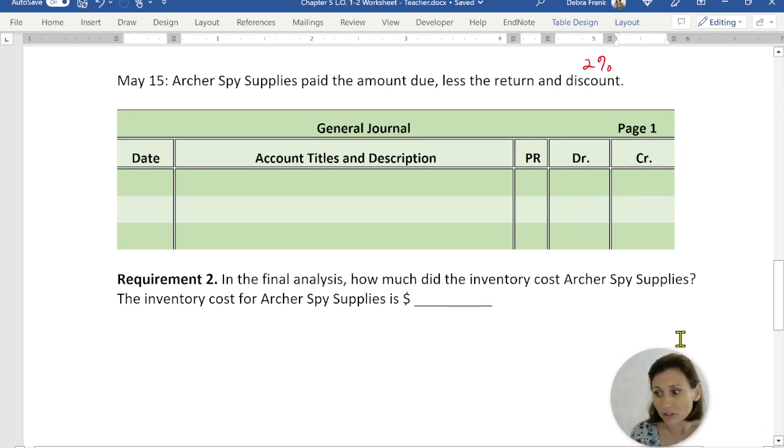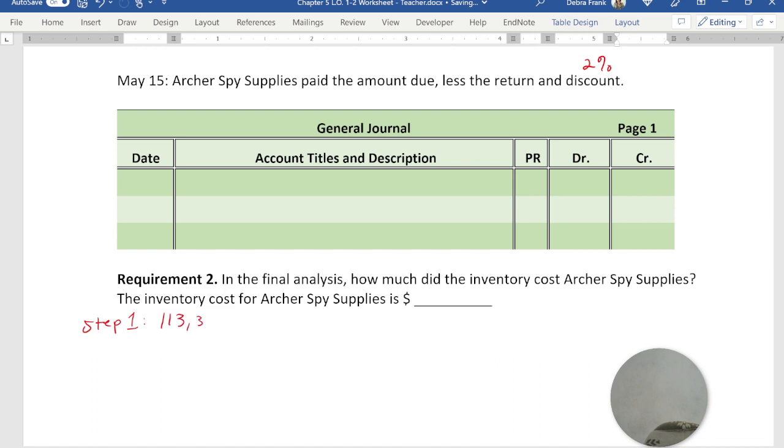So the first step, let's find our remaining balance that's owed. Okay, so we had originally 113,300 sitting there for being owed for accounts payable, right? So I would say step one, if you're trying to write yourself, to keep yourself organized and know what you're doing. I know my head disappears, but it's okay as I write on this. We're going to say, okay, figure out what the remaining balance is. So it's 113,300. That was originally what was owed. And then we had returned 11,250, right?